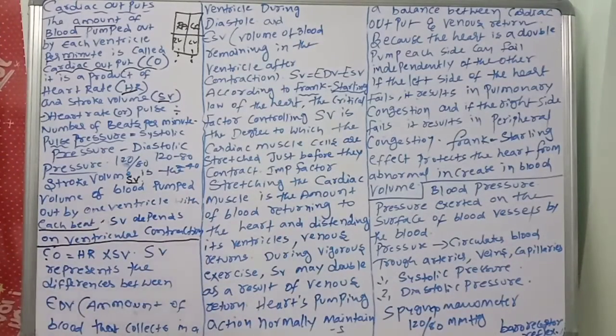It works based on mercury, the BP apparatus. It is expressed as systolic and diastolic pressure. So 120 by 80 mmHg is the blood pressure.